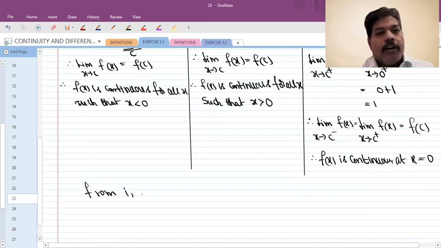So from cases 1, 2, 3: for x less than 0 the function is continuous, for x greater than 0 the function is continuous, and at x equal to 0 the function is continuous.